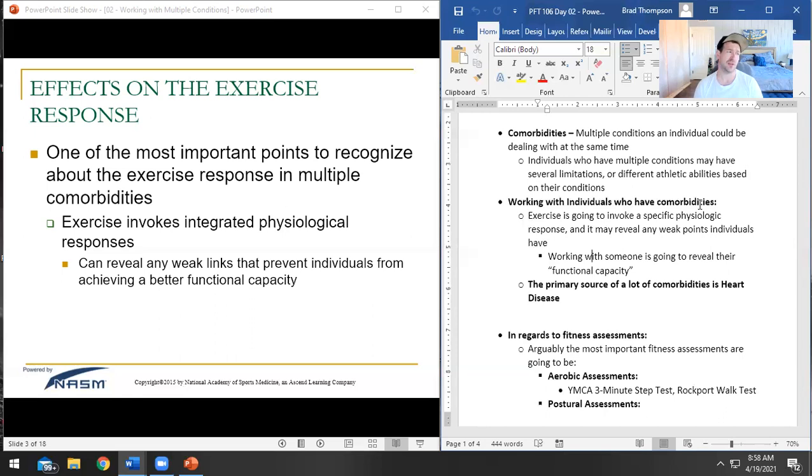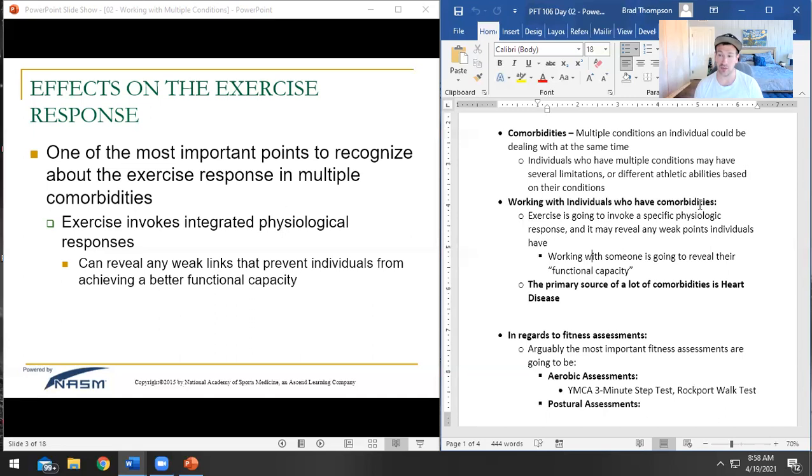If you've got a client with arthritis, could you push them to a certain capacity? Yeah, sure. You could give them lunges and split squats and maybe box jumps. And honestly, maybe it wouldn't be all that bad for their arthritis if it's done the right way.